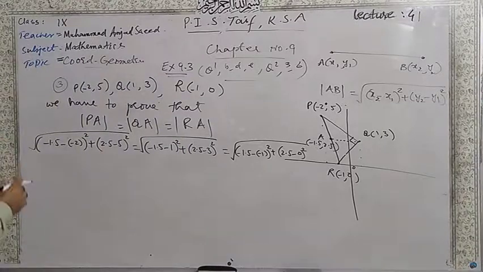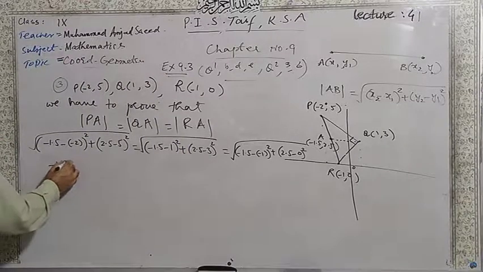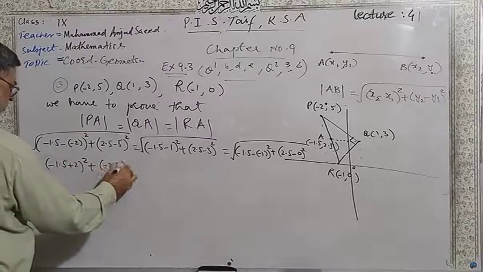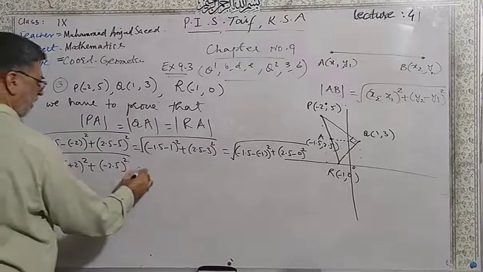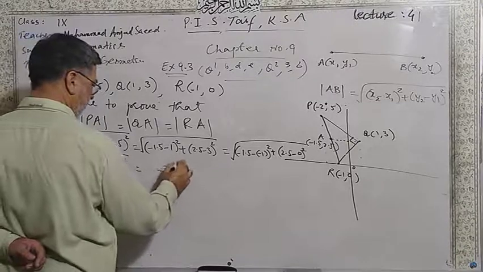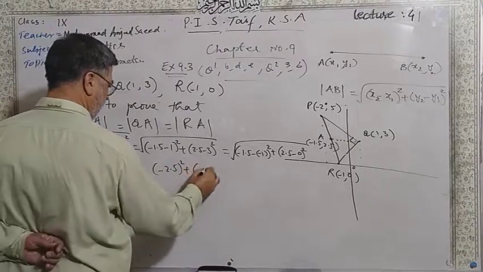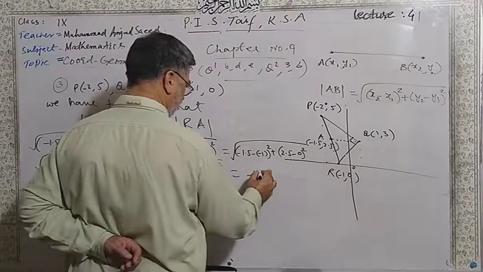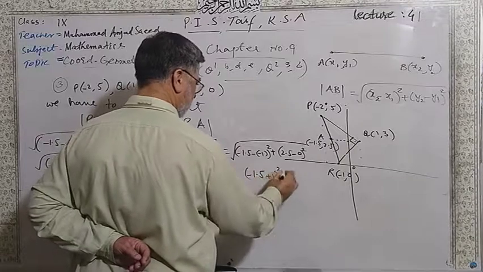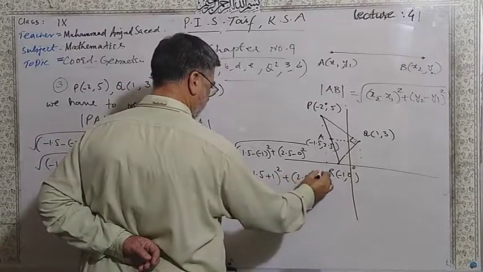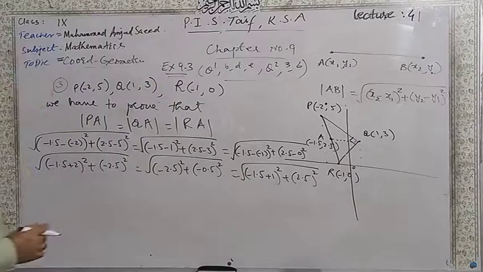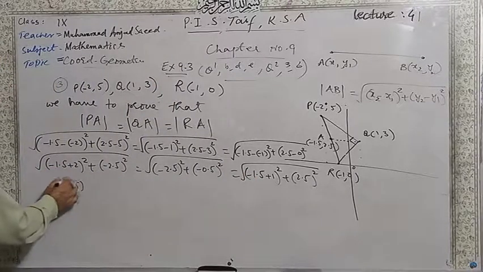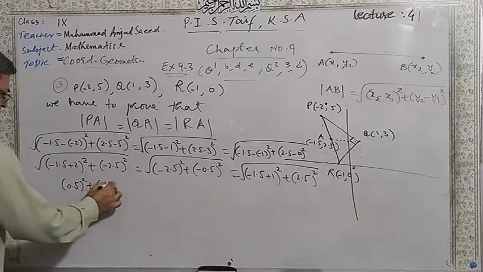Dear students, you can check. Here it is (-1.5 + 2)² and (-2.5)², equal to (-2.5)² and (-0.5)², and (-1.5 + 1)² and (2.5)², all under root. 2 minus 1.5 is 0.5, squared, and 2.5 squared.